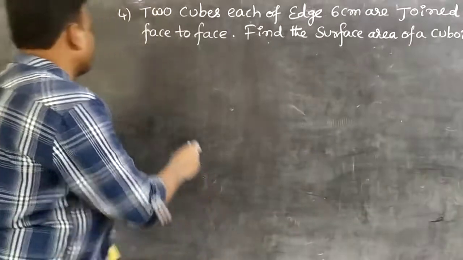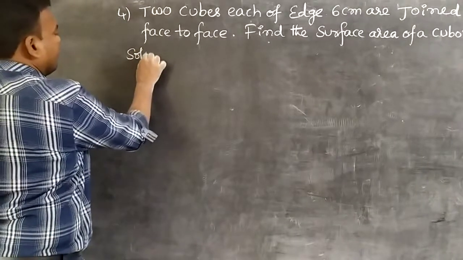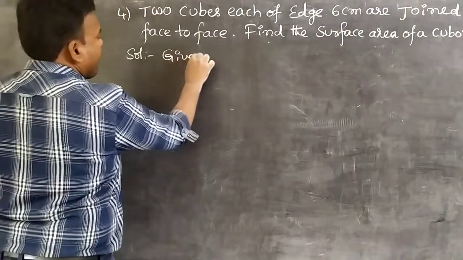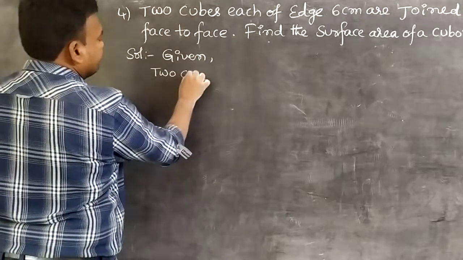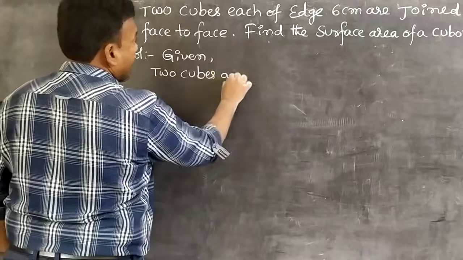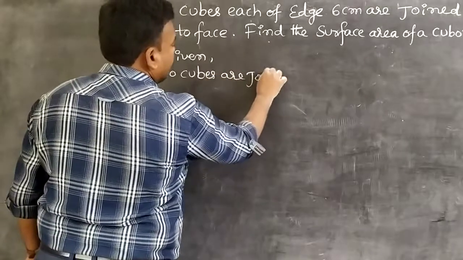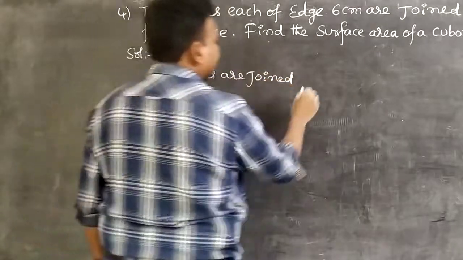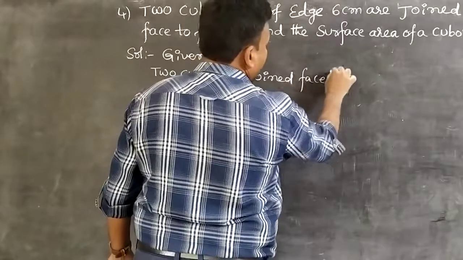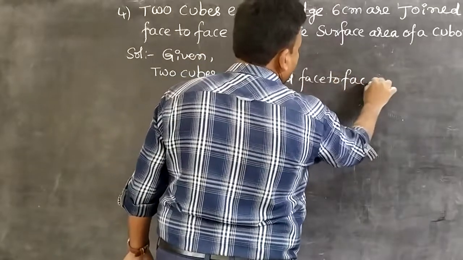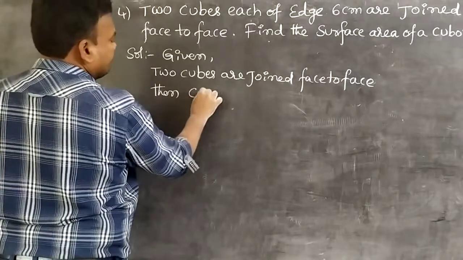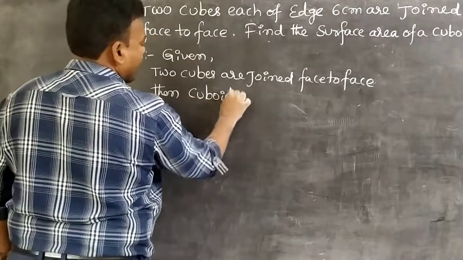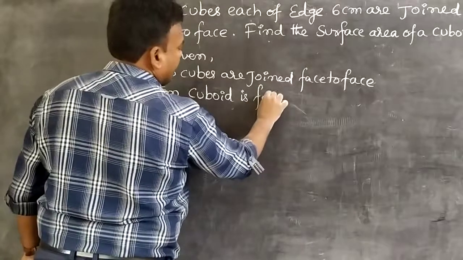How is it, observe, students? So, solution. Given: two cubes are joined face to face. Then a cuboid is formed.